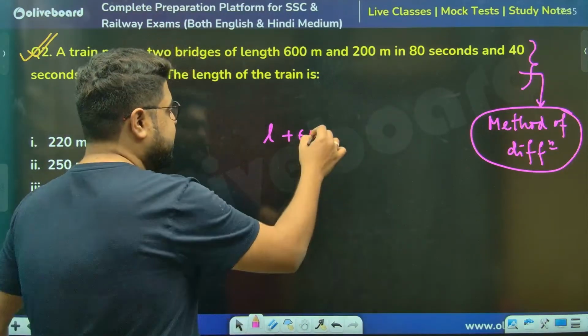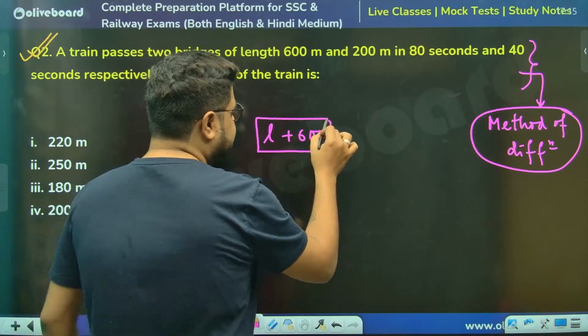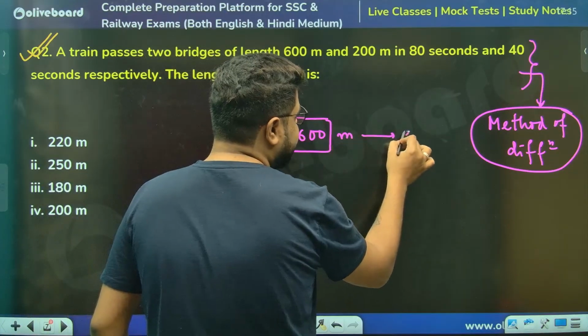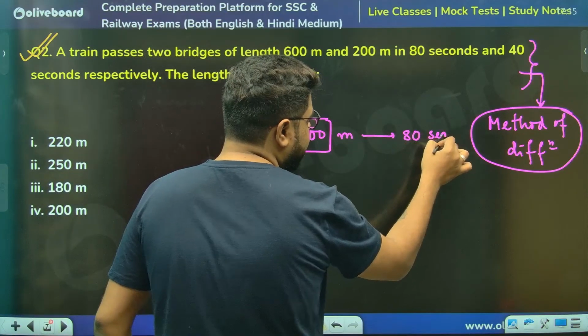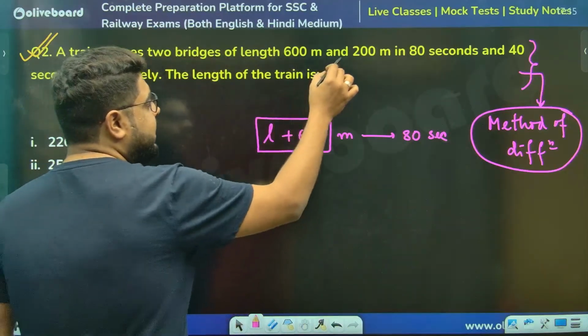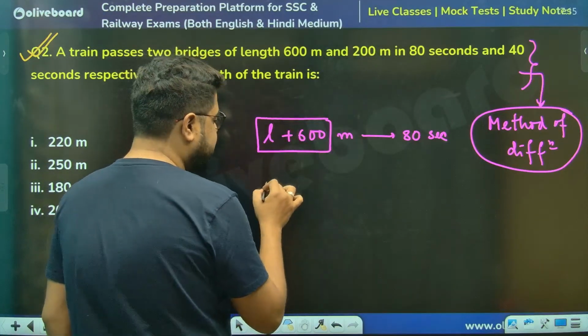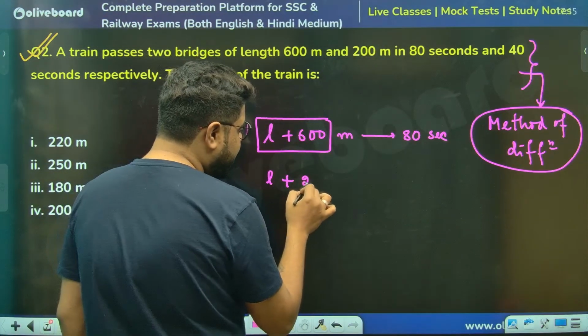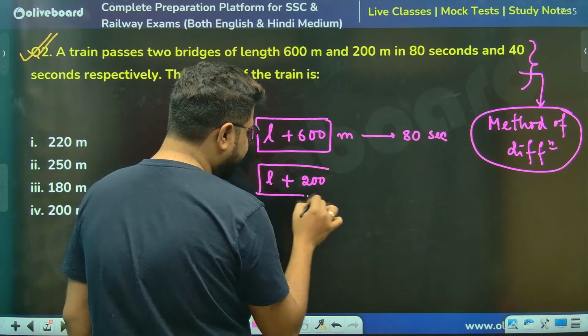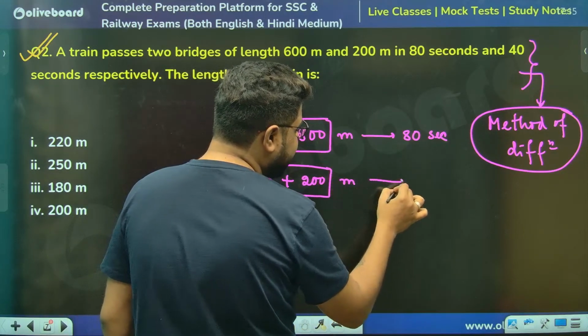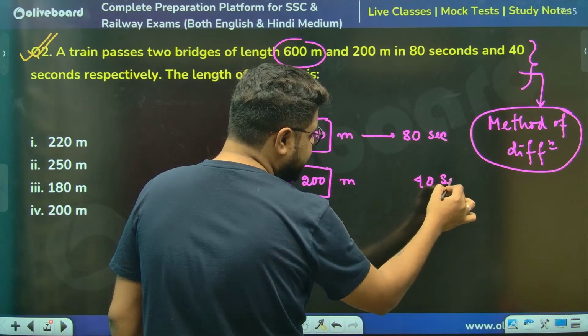So that much distance it is going in 80 seconds. And whenever it is crossing a 200-meter bridge, it is going its own length plus 200 meters. That much it is crossing in 40 seconds.